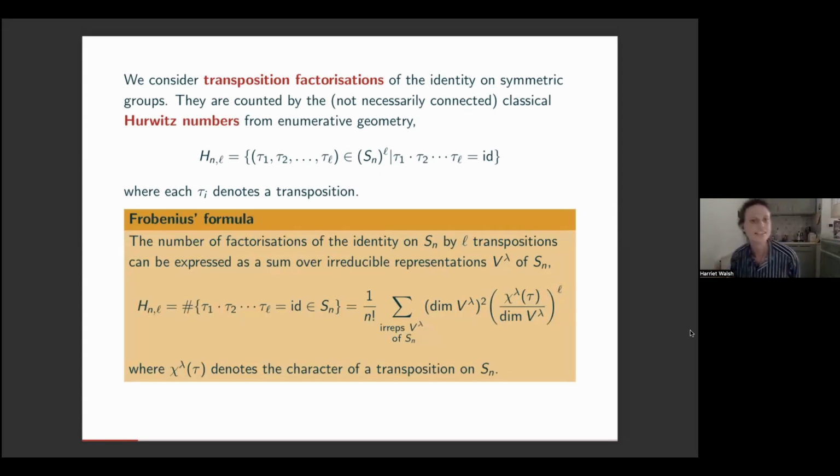So in particular, by Frobenius's formula, we can express the number of transposition factorizations as the sum of the dimension of each representation squared times the normalized character of a transposition on each irreducible representation, to the power of L.